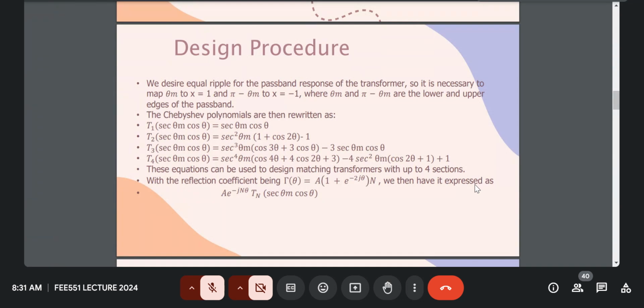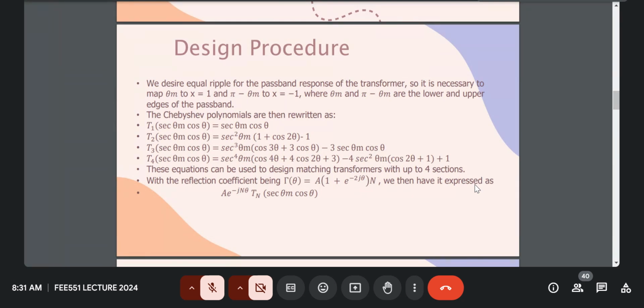Sefin, can you take it from here? Okay, so for the design procedure for the Chebyshev transformer, we desire an equal ripple in the magnitude of the pass band. So to ensure that, we'll need to use the trigonometric functions in place of the previous x and the simple numbers in the previous part for the Chebyshev polynomials.